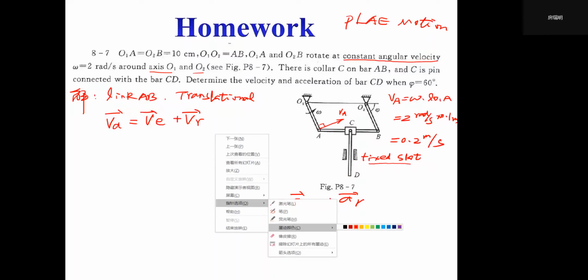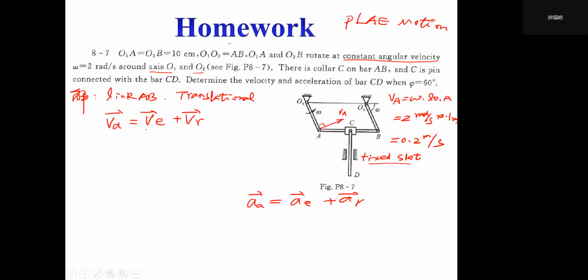In order to use this theorem of velocity composition and acceleration composition, what is our moving point? Because this is a very typical example, you should remember that we always select a point on the sleeve C. So our moving point will be C, and our moving coordinate system will be link AB.